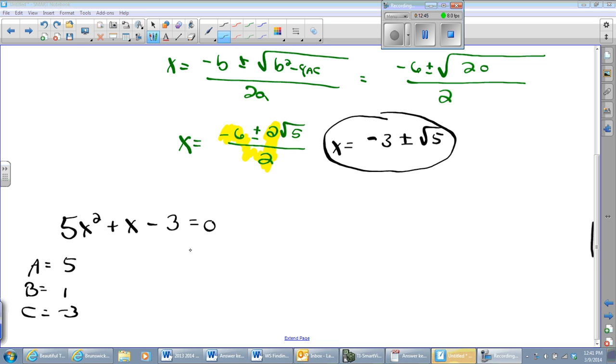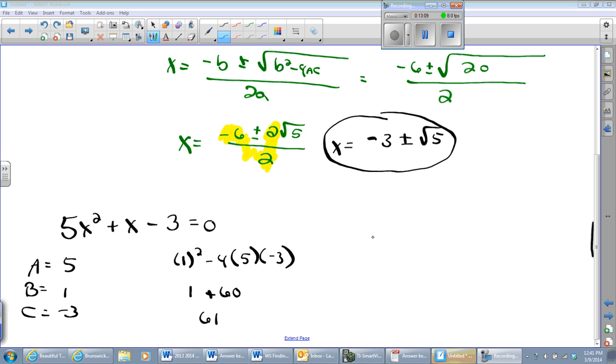And then we're going to do the discriminant part, b squared minus 4AC, which is 1 plus 60, I believe. Right? 61.